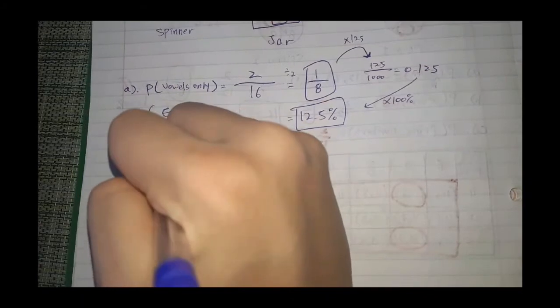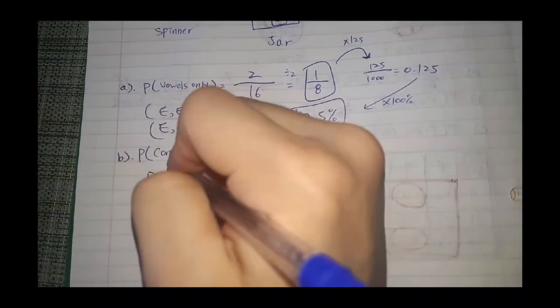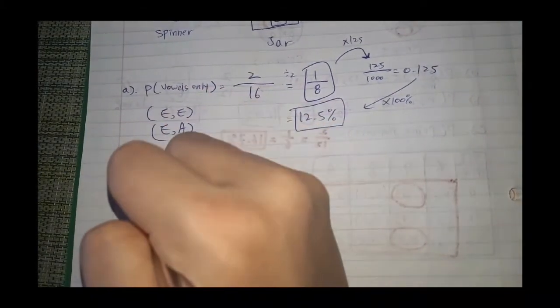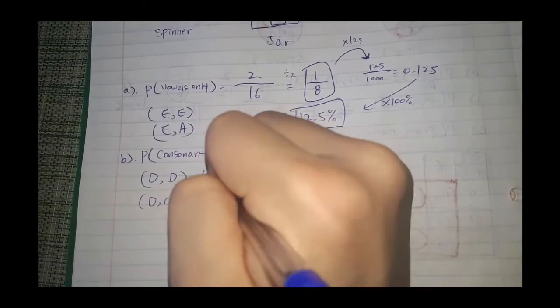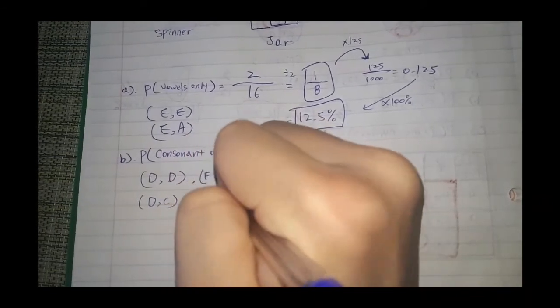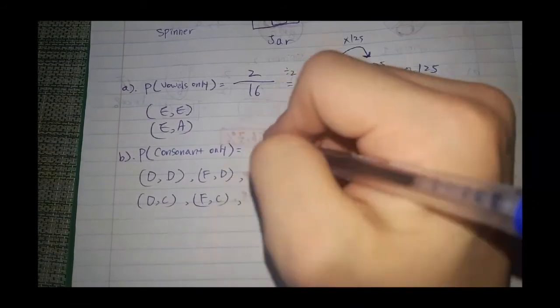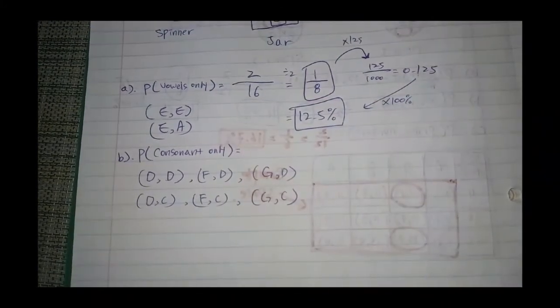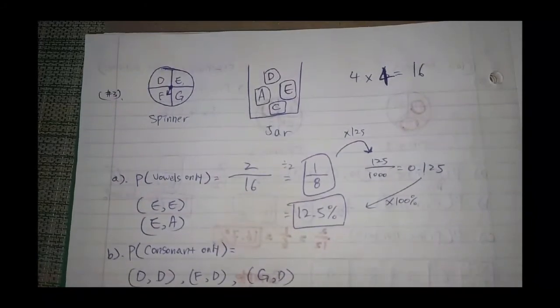Consonant, same thing. D, except we are avoiding E and A's, those kind of A, I, O, U situations. The probability is D and D is 1. D and C is 1. Then the next possibility is F and D, F and C. The next one is D, F, G. G and D, G and C. Did I miss anything over here?